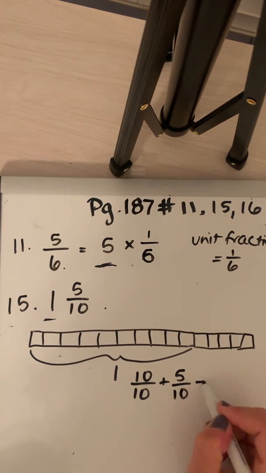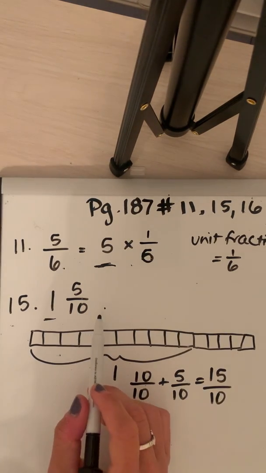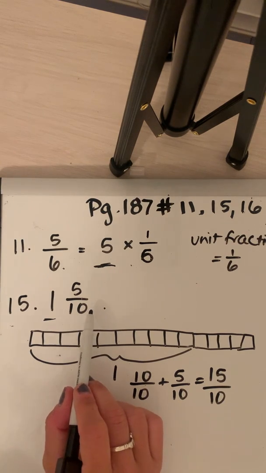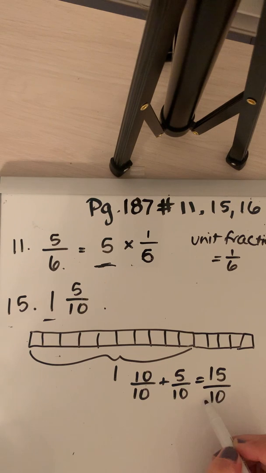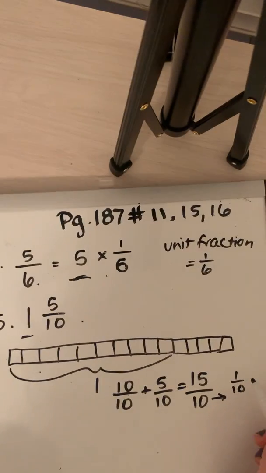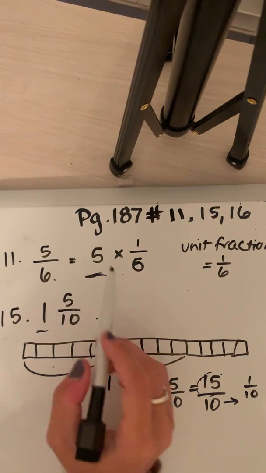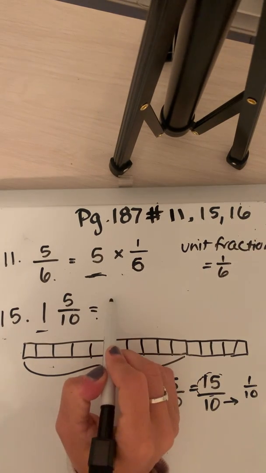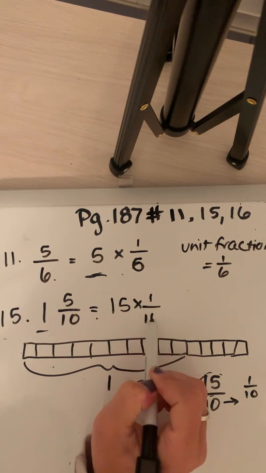So that equals 15/10. So when I go back to write this as a product of a whole number and a unit fraction, I know that my unit fraction is going to be 1/10. And I know that my whole is 15. I see it right here. So I come up here, and it would be the same thing as 15 times 1/10.